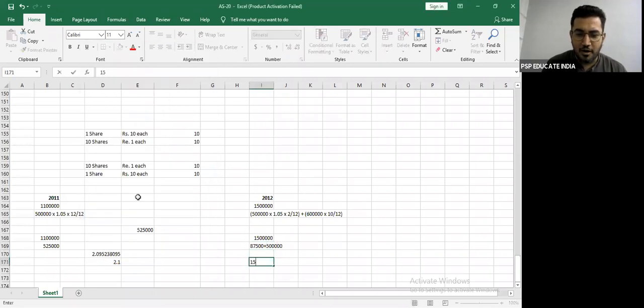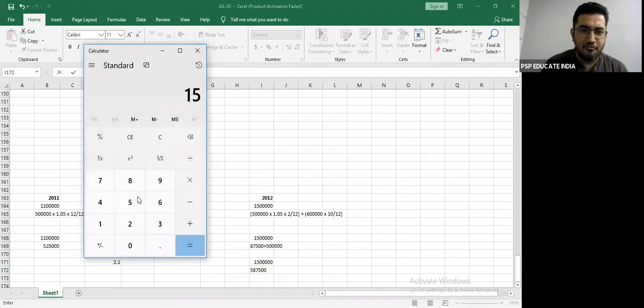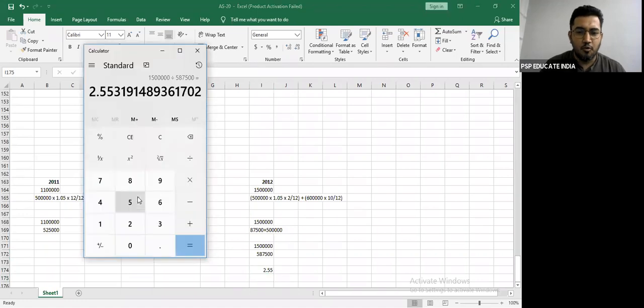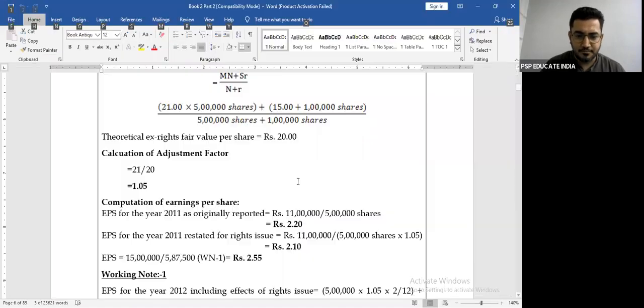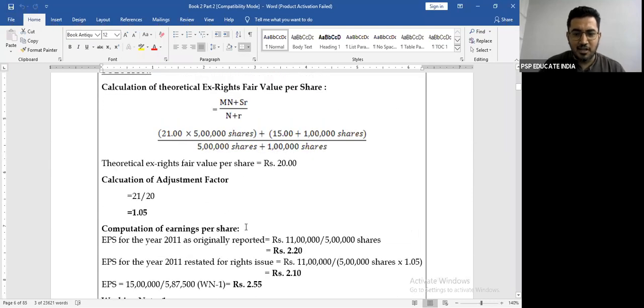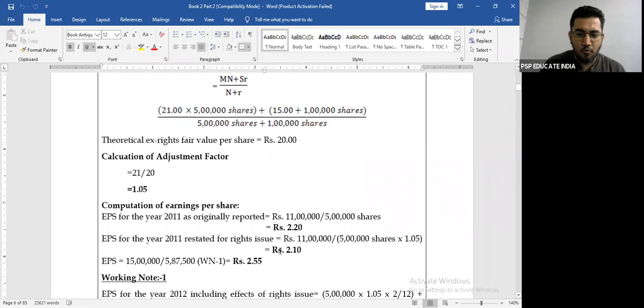So finally, you have 15 lakhs divided by 5 lakh 87,500. You get 2.55. So you will have 2.55. Right, so that is how you will calculate. Here you have 2.55 and you have 2.1 as well.